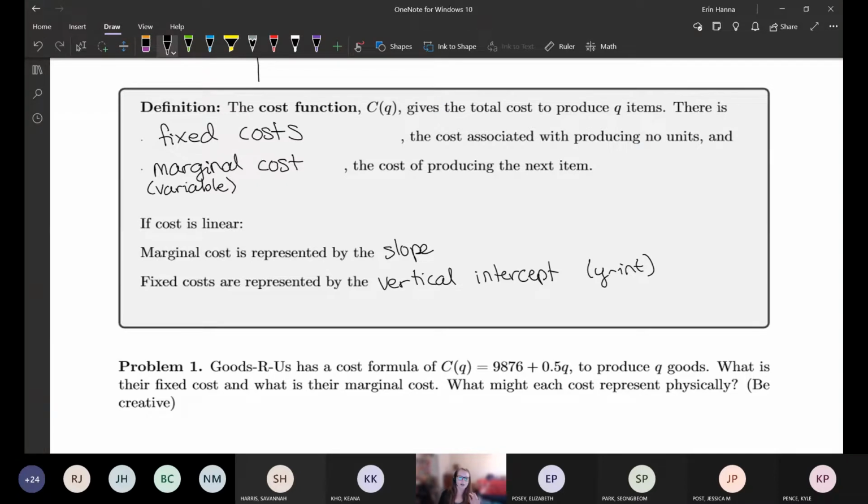So the fixed costs are essentially, again, what you have to pay no matter what. You know, it might be the cost to rent your building. It might be the cost of the equipment you need to make the stuff that you want. It might be labor costs, that kind of deal. Whereas the marginal cost is essentially the cost that you need to actually make that next item. So if I'm knitting mittens, I'm going to keep going back to this example of knitting mittens, then I need knitting needles.